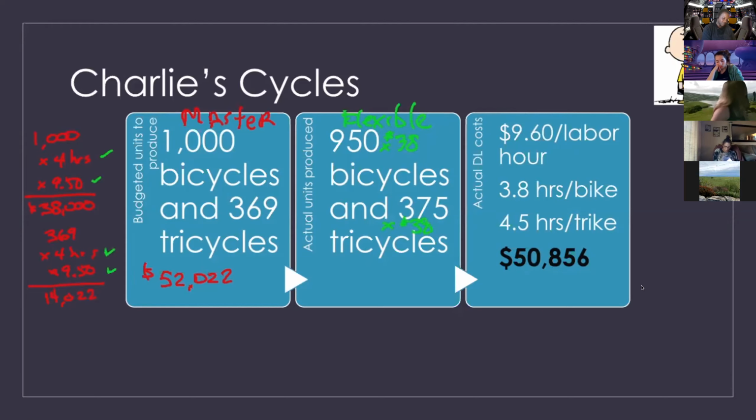We would have expected to spend $36,100 on bicycles and $14,250 on tricycles. So our flexible budget is $50,350, just adding up this number and this number.